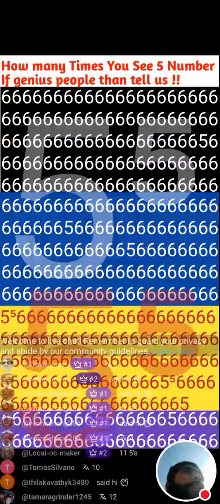So we have found this number 5 three times in the first 8 rows. So we have to move towards the 9th row. When we see the 9th row, we could not find this number anymore.